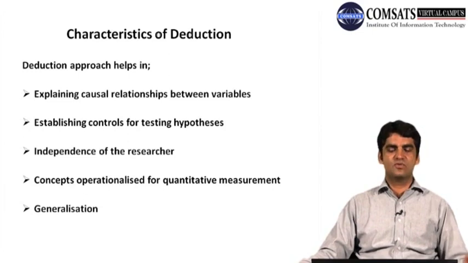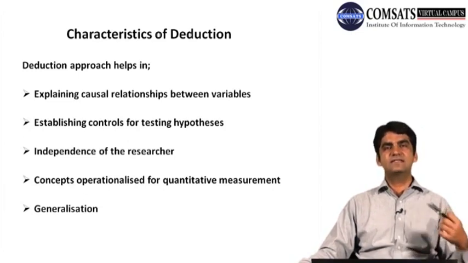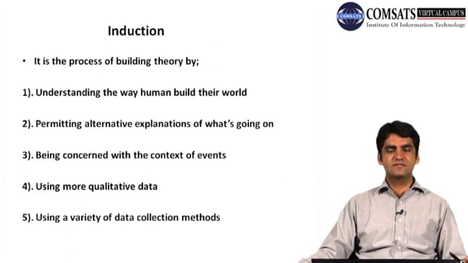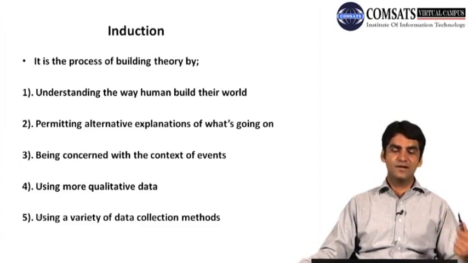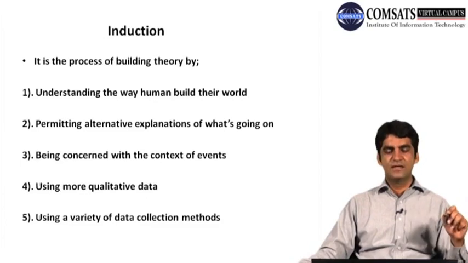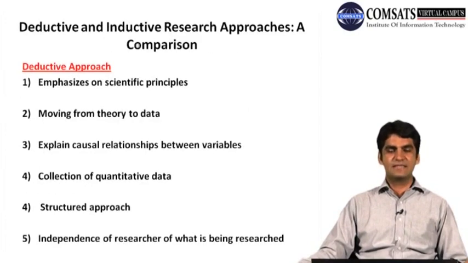Concepts are operationalized for quantitative measurement, and it is easy to generalize deductive research. While inductive is the process of building theory. You are in a process of building a new theory. So it is understanding the way humans build their own world, permitting alternative explanations of what's going on, being concerned with the context of events, using more qualitative data, and using a variety of data collection methods.